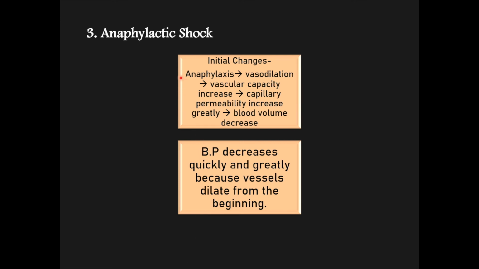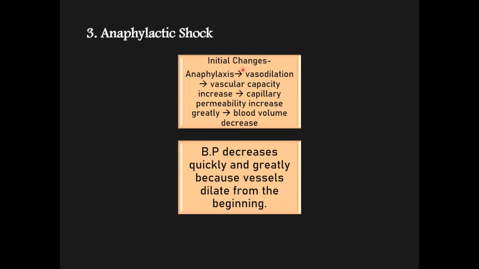In case of anaphylaxis, the mast cells are widely activated by immunoglobulin E or IgE, which leads to release of histamine. As we mentioned before, histamine is a vasodilator, which leads to vasodilation, increased vascular capacity, increased capillary permeability, which leads to swelling and edema in different parts of the body, which further leads to decreased amount of blood volume.